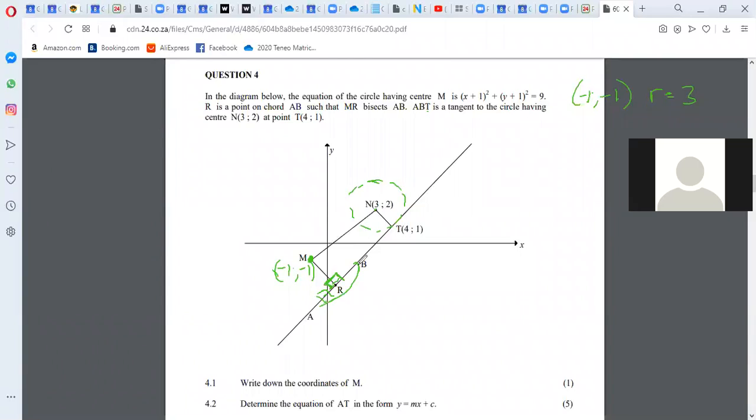It's a chord, so it looks like this. So the circle is something like that. And remember, a line to the midpoint of a chord is perpendicular to the chord. Okay. And the tangent here is at this point T41. And I think we've got all the information then, right? So what did they say? They said write down the coordinates of M, which we've done already. And then they said determine the equation of AT. This equation.